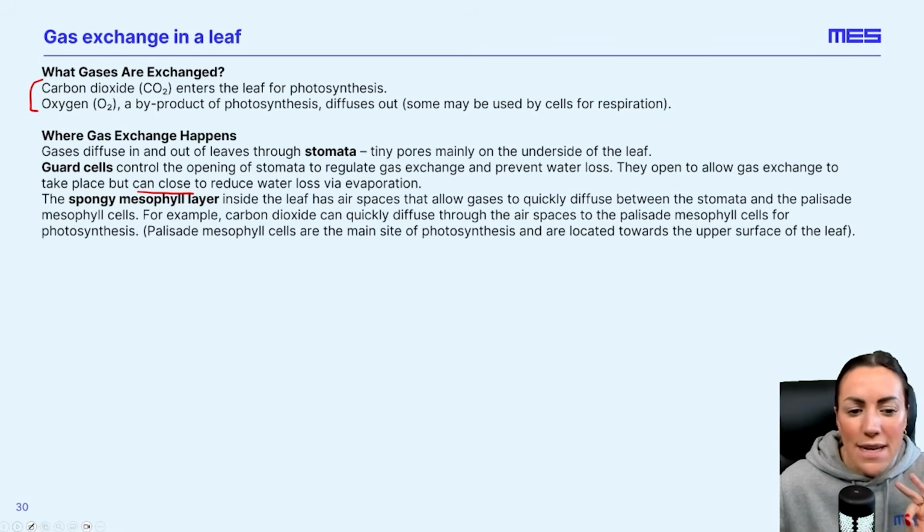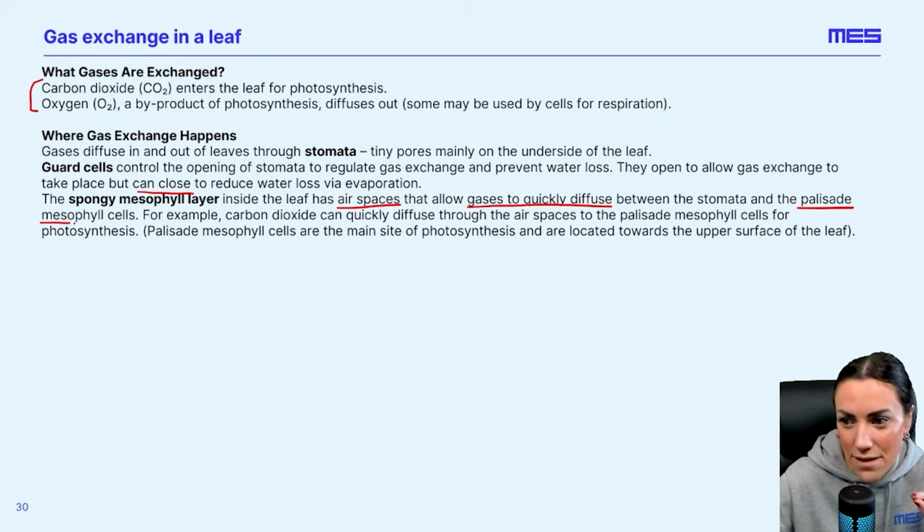But the spongy mesophyll layer inside the leaf has air spaces. Now, the fact that it has air spaces does mean that gases can quickly diffuse. So they enter via the stomata and they can quickly diffuse through the air spaces in the spongy mesophyll layer and up to the palisade mesophyll cells.